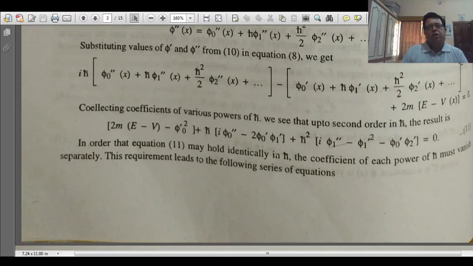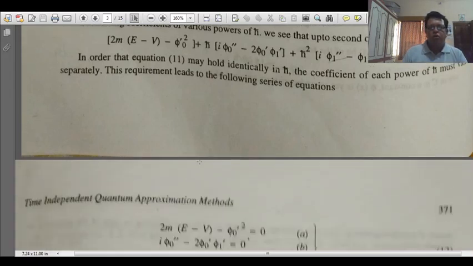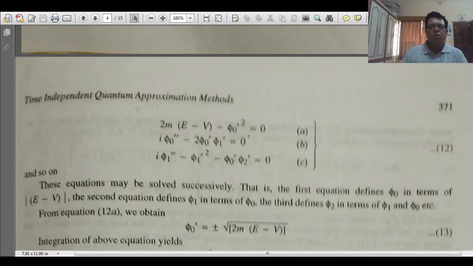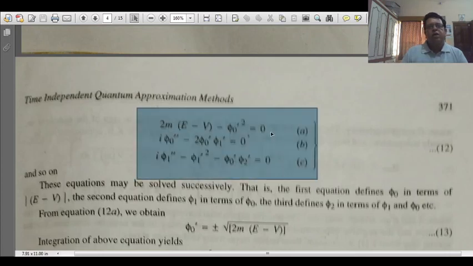This requirement gives a series of equations, and here we are only taking three coefficients. So we have three equations from this condition: equation A from the h cut 0 coefficient, equation B from the h cut coefficient, equation C from the h cut squared coefficient, and so on.